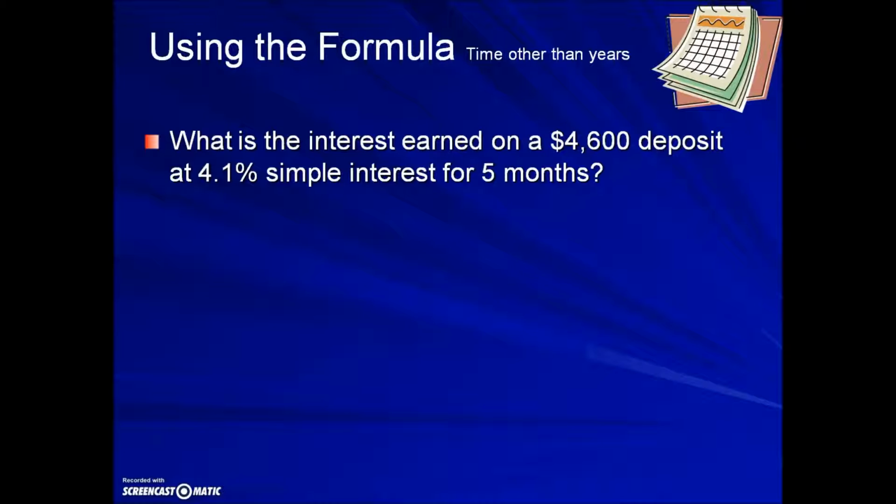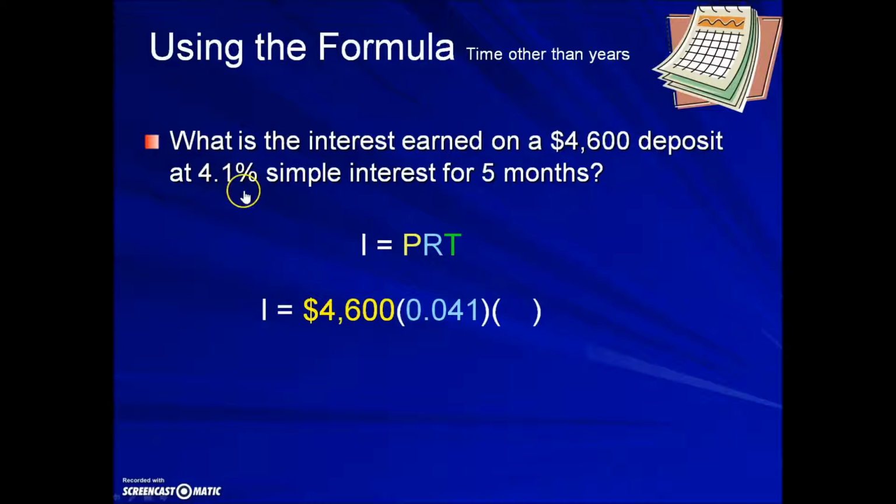In this next example, it asks what is the interest earned on a $4,600 deposit at 4.1% simple interest for 5 months. Because it's designating simple interest, we use the simple interest formula, identifying the principal of $4,600, the interest rate as a decimal, 0.041, times time.